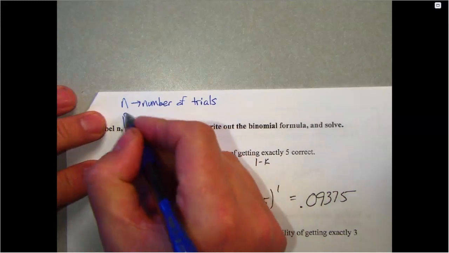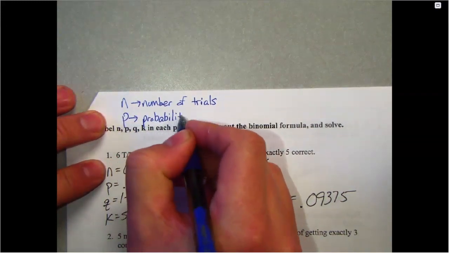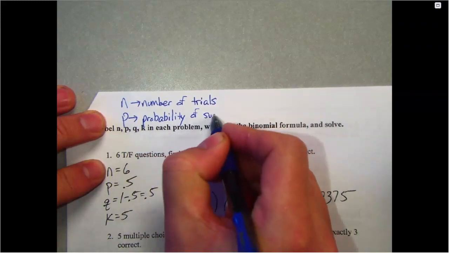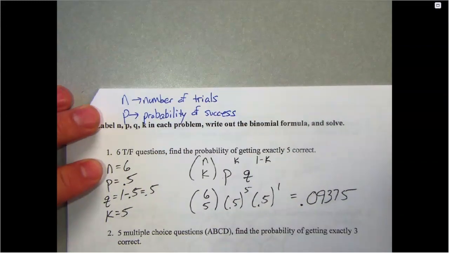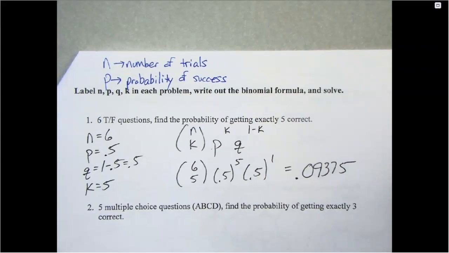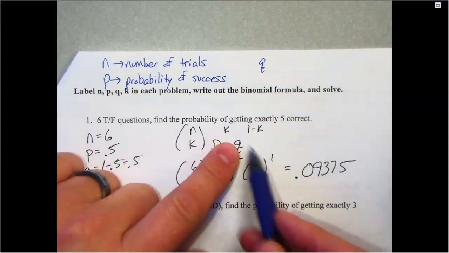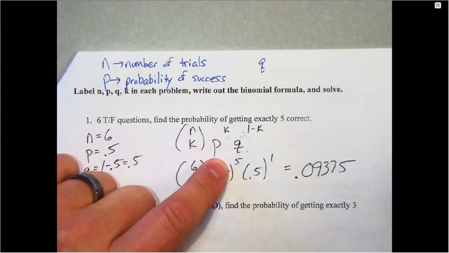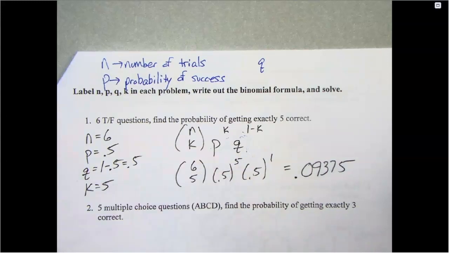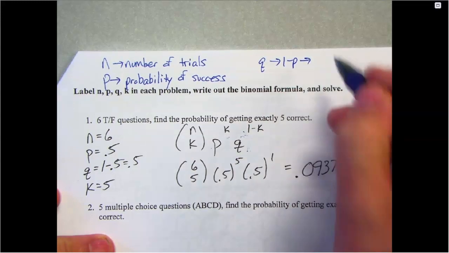P is the probability of success. And then she used 1 minus P. I just use Q, because throwing another set of parentheses in there just seems to make it more confusing for people. But you can use either one you want. Q is the same thing as 1 minus P.